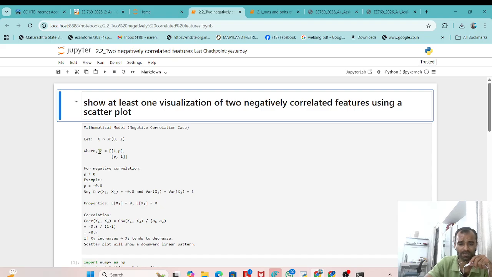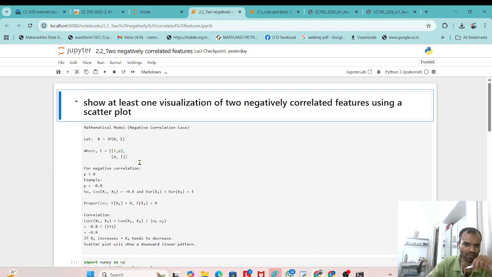That relationship can be understood by finding the covariance matrix. Look at the diagonal elements and the elements other than the diagonal. If I am using only two features, then the off-diagonal element p would be negative, less than 0. If we are using more than two features, then some of the entries are negative and some are positive.